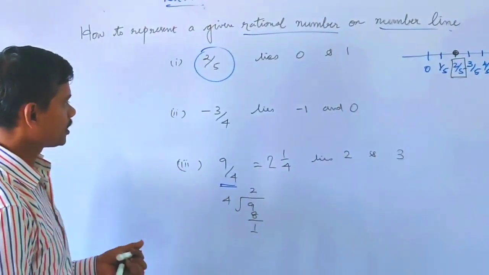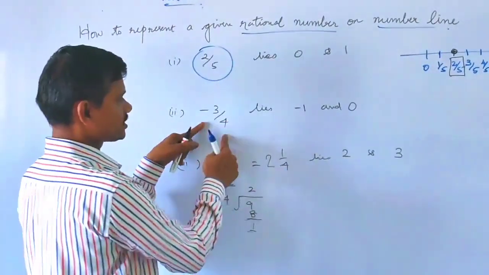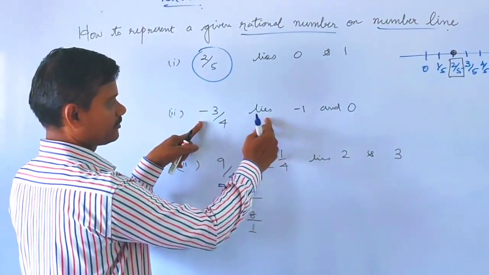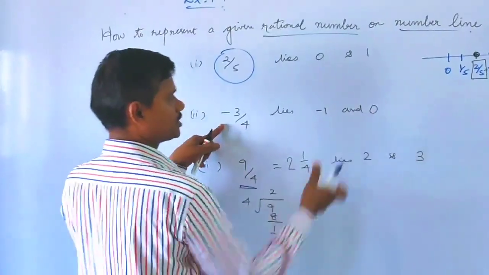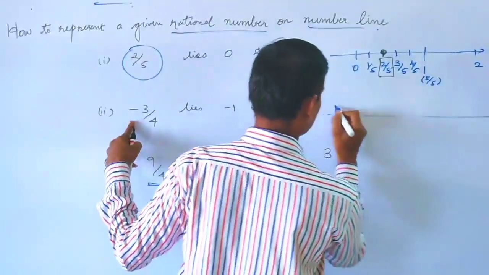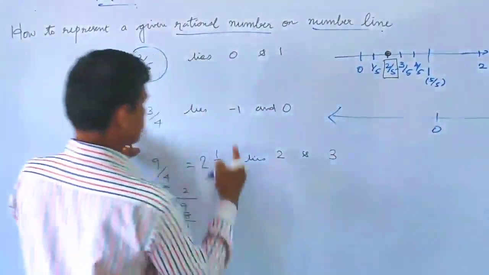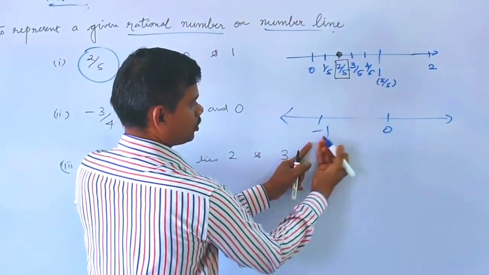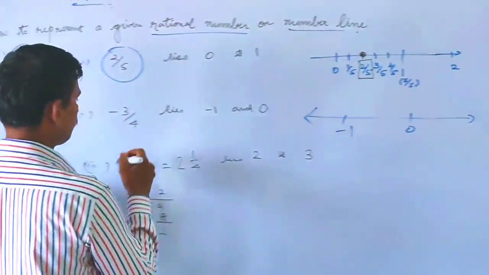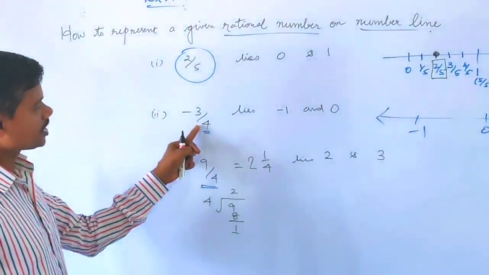Like that, we can do the second, minus 3 by 4. We already found where the number is. Minus 3 by 4 lies between minus 1 and 0. Now we draw the number line with 0 and minus 1. Minus 1 is to the left of 0. Now look at the denominator. Here the denominator is 4.